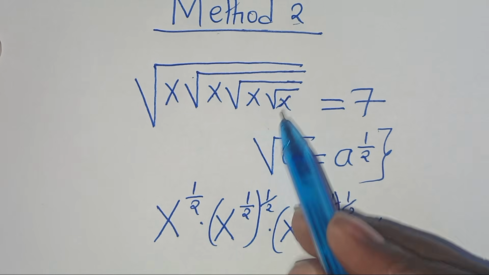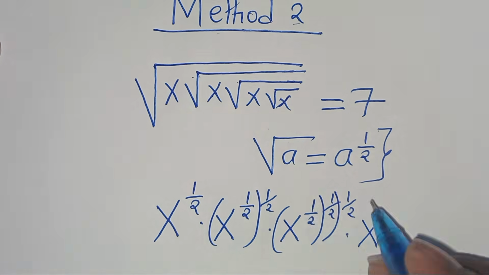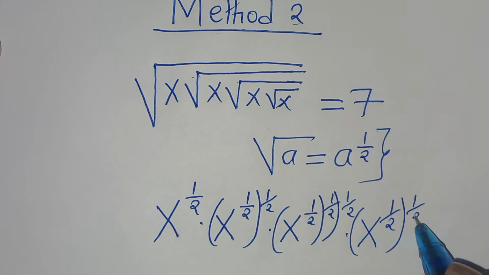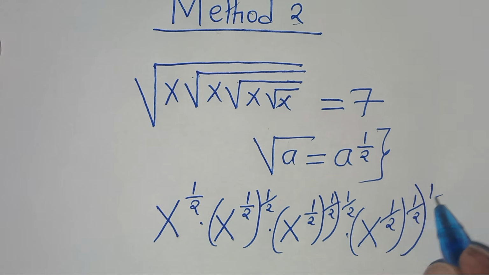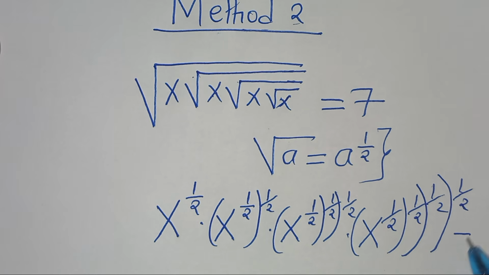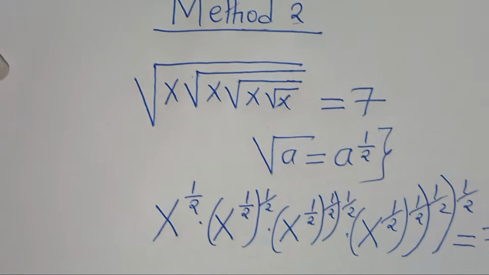This x is under 4 square root signs, so this is x to the power of a half raised to the power of a half, then raised to the power of a half, and again raised to the power of a half. This is equal to 7.